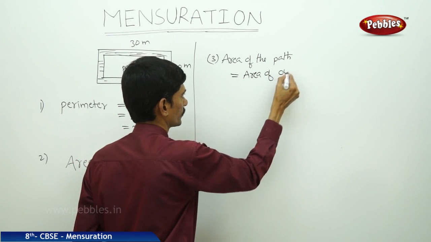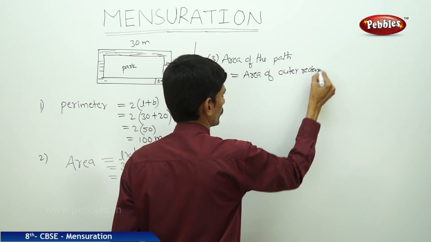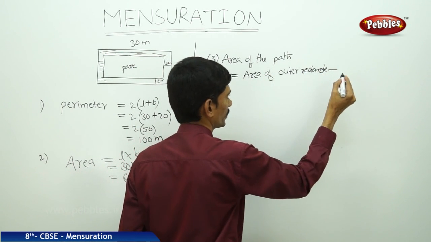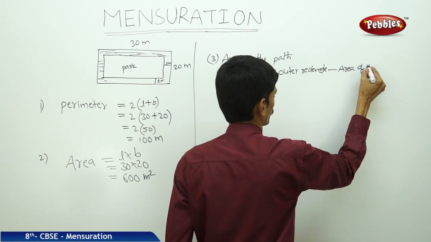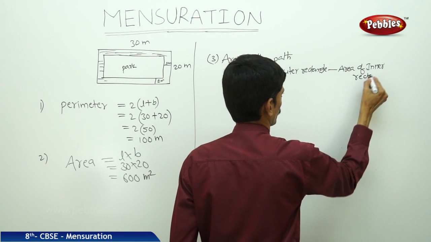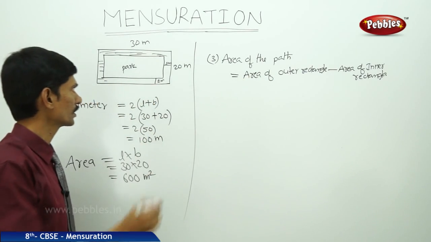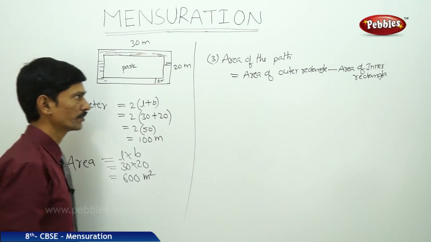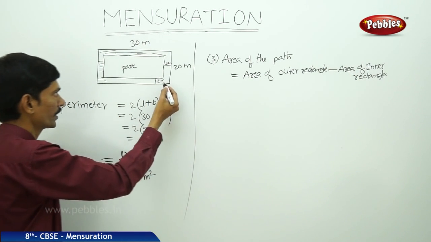So this equals area of outer rectangle minus area of inner rectangle. We already know the dimensions of the outer rectangle, 30 meters and 20 meters, but we don't know the dimensions of the inner rectangle, so we have to find them.